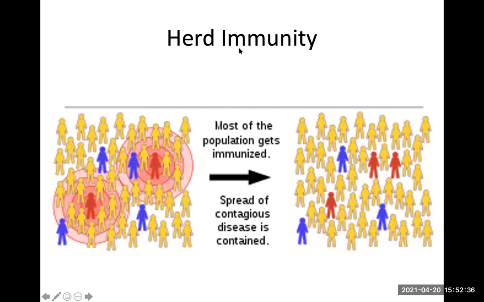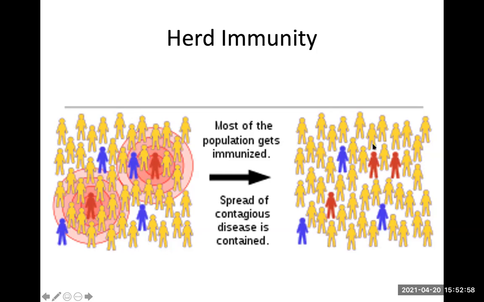What we're trying to do is get herd immunity, where the vast majority of the population has been vaccinated. All the yellow people are vaccinated. Blue, not vaccinated. Red, sick. Okay. And now there simply are not enough people to spread to, right?